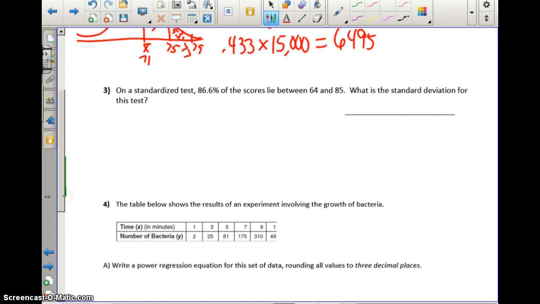Next question, on a standardized test score, 86.6% of the students lie between 64 and 85.